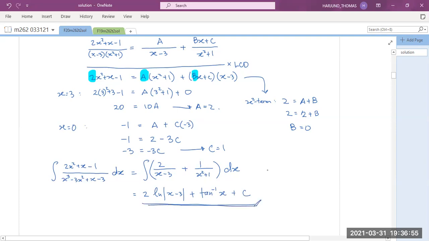The integral of 1 over x squared plus a squared dx. That's from your test 1, by the way. You're supposed to memorize that even from test 1. It's 1 over a tangent inverse of x over a plus constant.